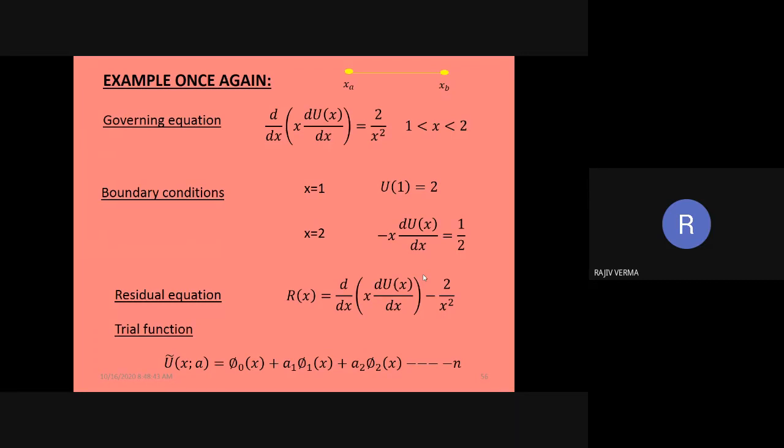So depending upon the application, the value of residual can be very less also, or it could be a significant figure also. Now moving to the next slide.